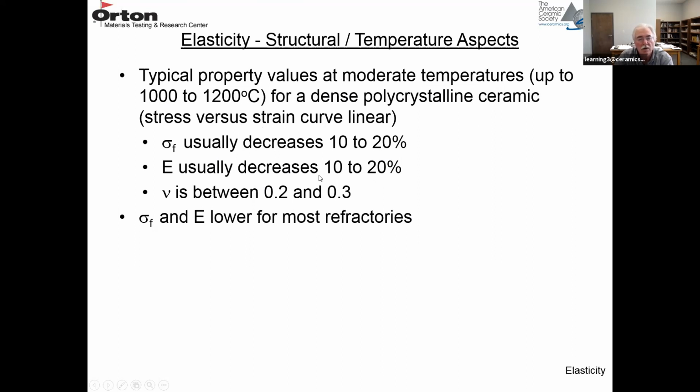The modulus is starting to decrease maybe 10 to 20%, and Poisson's ratio still remains the same, maybe 0.2 to 0.3. And when we compare a refractory to a higher performance polycrystalline ceramic, the strength and elastic modulus are going to be lower than for this dense material.